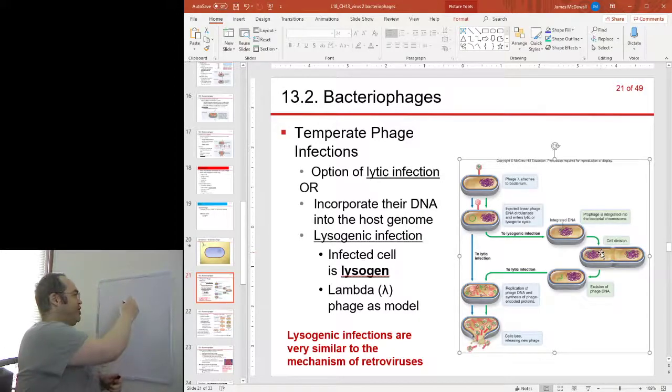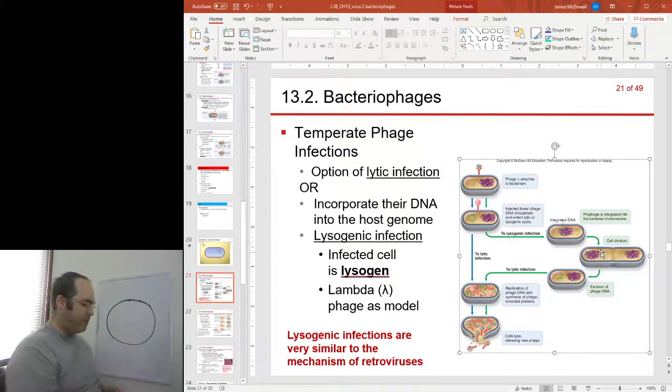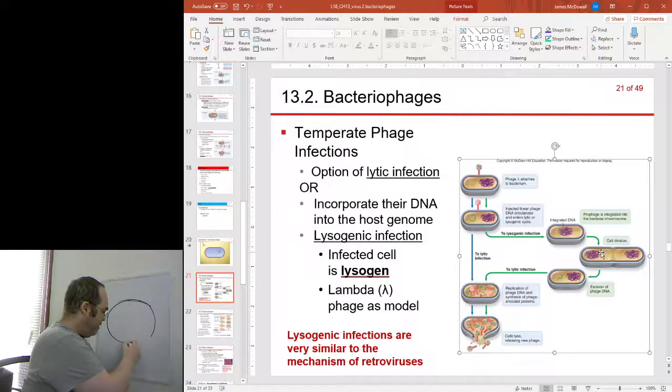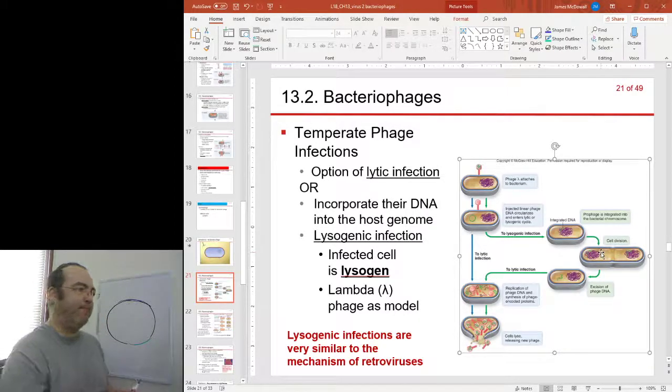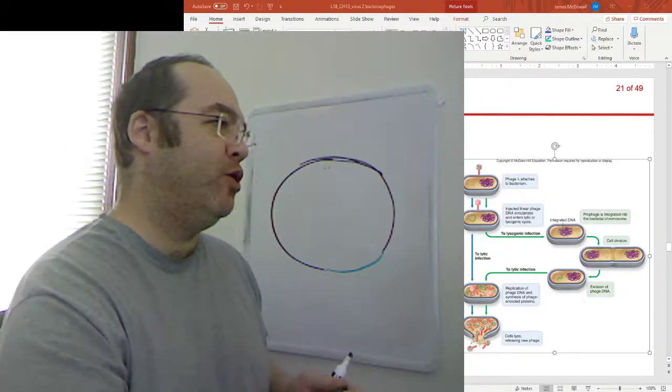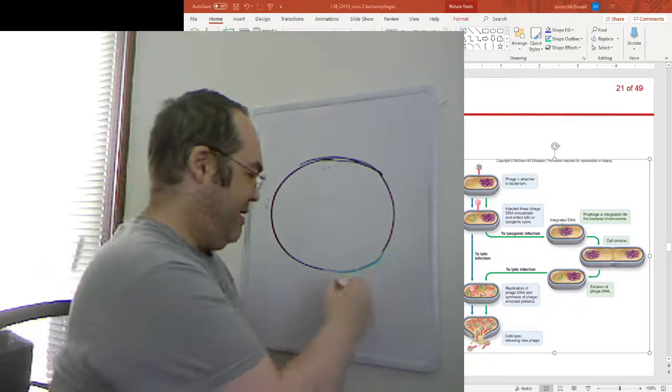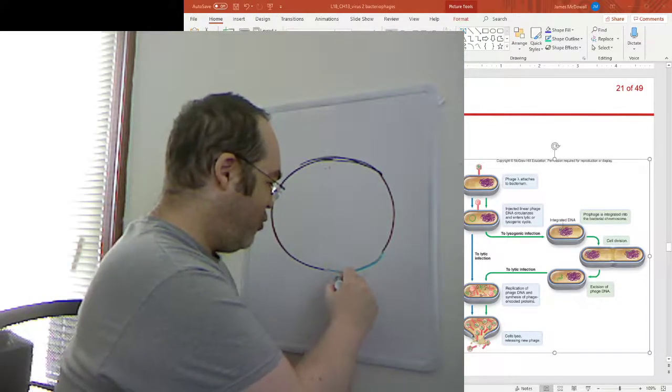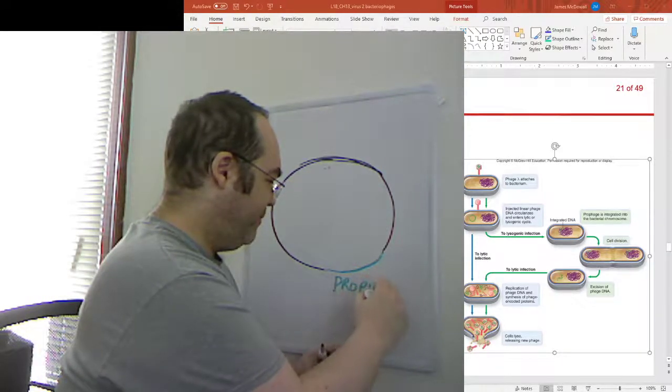So our bacterial genome is a circle. The virus comes in, snips the bacteria's genome and inserts its own piece of DNA. When this happened in our cells, we called it a provirus. In this case, it's called a prophage.